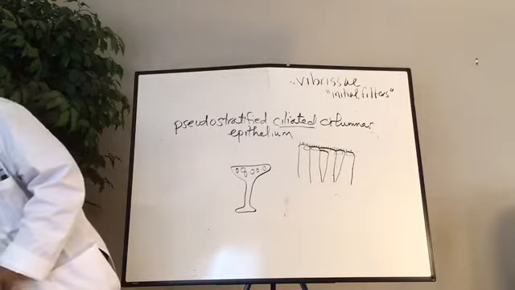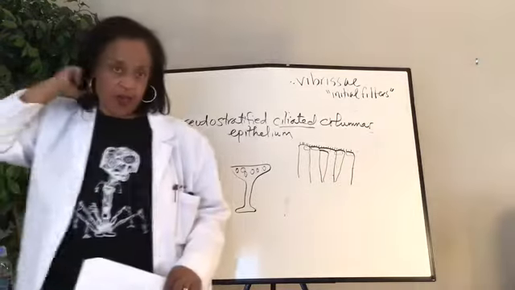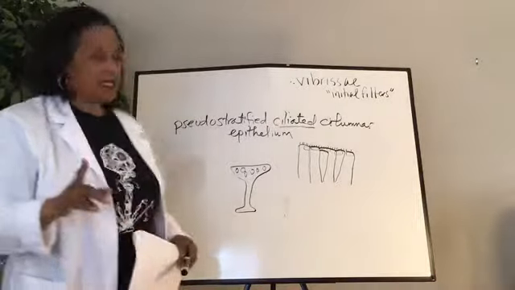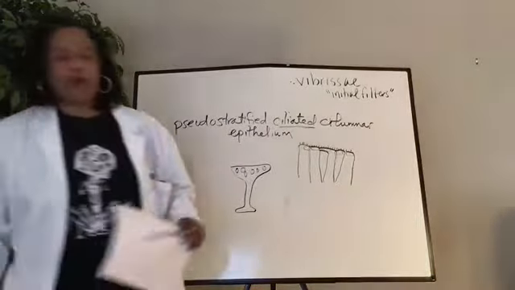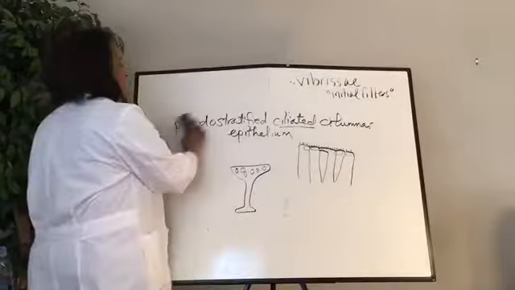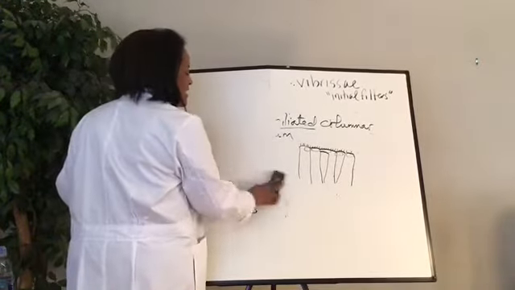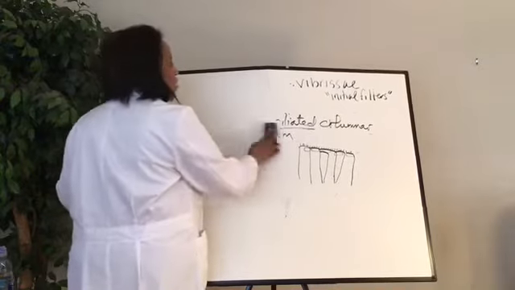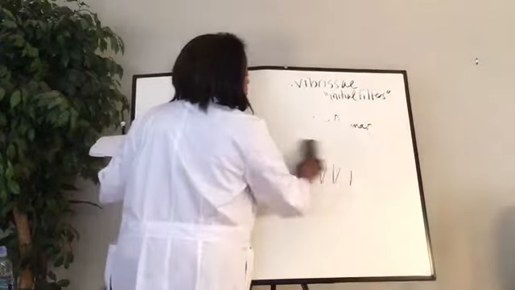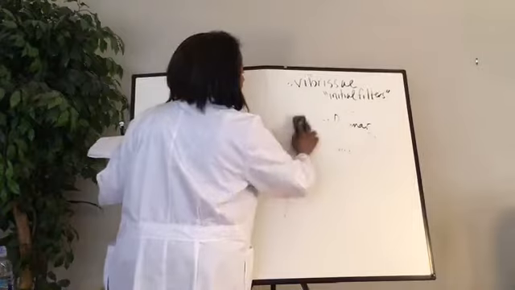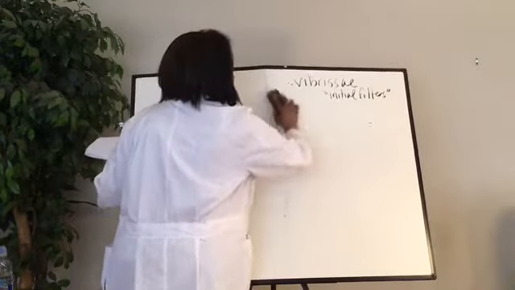Let's look on page 804 now at the paranasal sinuses. Paranasal sinuses. Para means around. Nasal, of course, is the nose. So these sinuses are around the nose.